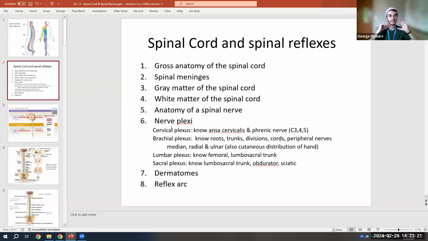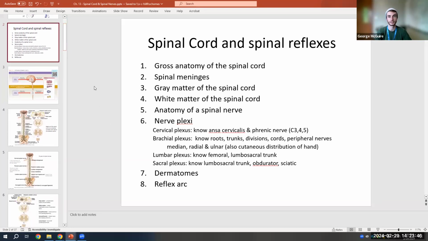The cervical basically serves the neck and shoulder region, the brachial plexus serves the pectoral and upper limbs, the lumbar plexus serves the pelvic and lower limbs or lower trunk, and the sacral plexus helps with those lower limbs and lower trunk as well. We introduce dermatomes, and then lastly talk about the reflex arc, or a few different examples of reflex arcs.